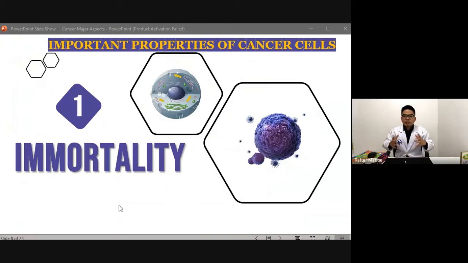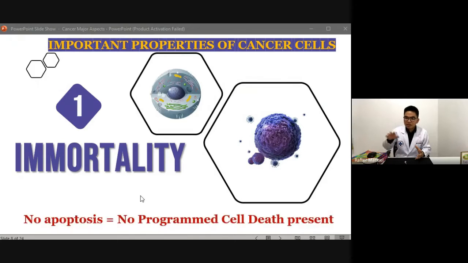Because of programmed cell death, normal cells will divide and they will be killed. But in the cancer cells, there is no apoptosis. Meaning to say, there is no programmed cell death present. That is the first important property of cancer cells.